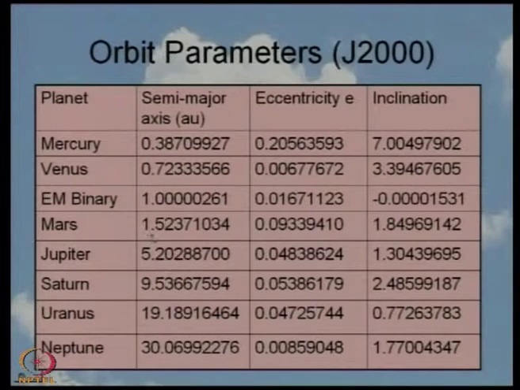So, you can think of it as the radius being 1.5 astronomical units for Mars, whereas for Jupiter it is 5.2 astronomical units. So, you have a region of around 4 astronomical units, which is roughly 4 times the distance between the Sun and the Earth, inside which you can have these asteroids.